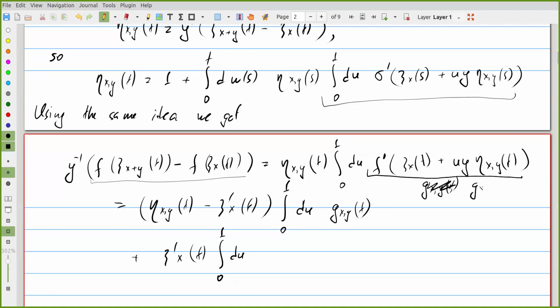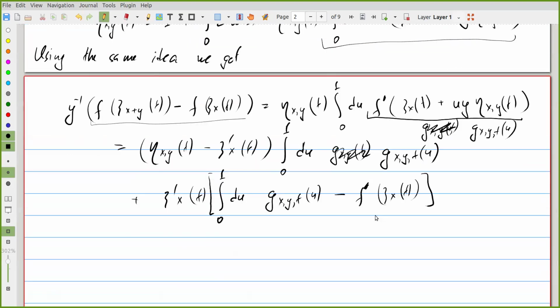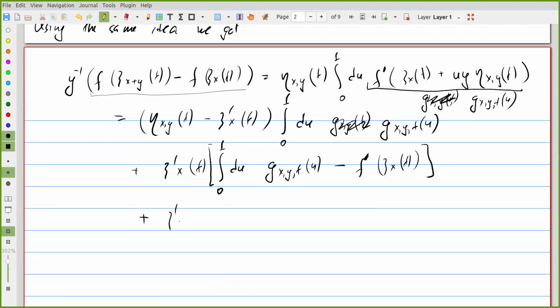Maybe it's even better to write g x, y, t of u, minus just f prime psi x of t, plus what is left. And what we exactly have is that this should stay in the limit, and we should get rid of this term and the second term.